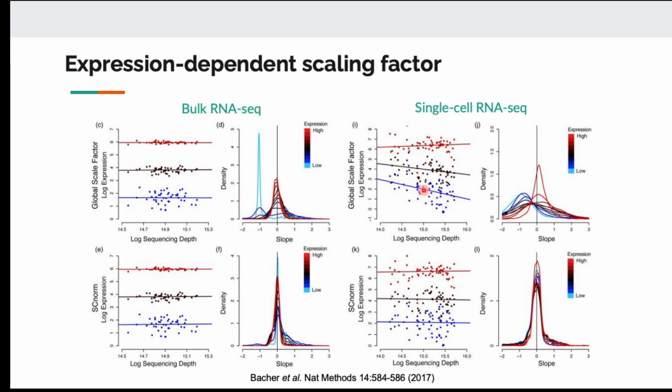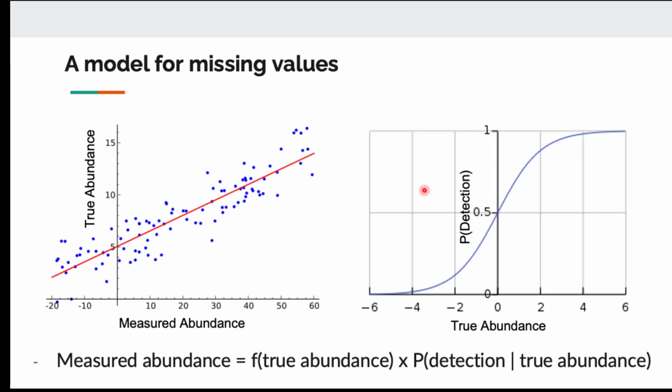Another idea that sounds interesting is, why don't we just model the process by which we get the missing value directly? When we have a missing value, it comes from 2 factors. What's the actual abundance for the gene? This is the expression level of the gene inside the sample. And depending on that expression level, our sequencing process has a chance of detecting that gene.